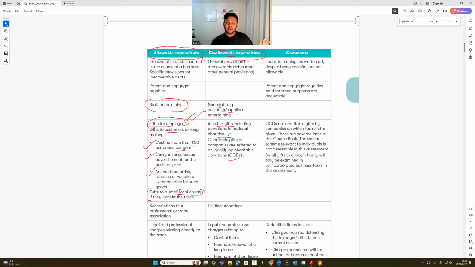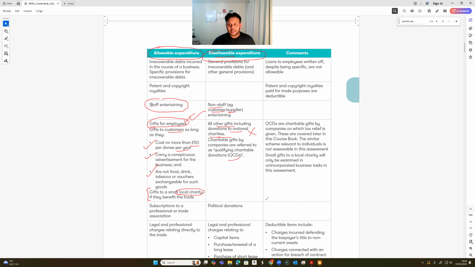Now, QCD, qualified charitable donation, has a different calculation. First, we add back; later on, we take some advantage for the tax saving. But for the time being, understand that except for the gift to local charity, any other donation like a national charity is disallowable. In the exam, it's very common: the national charity and the donation to the local charity. You have to remember that local one is allowable, but the national charity is disallowable.